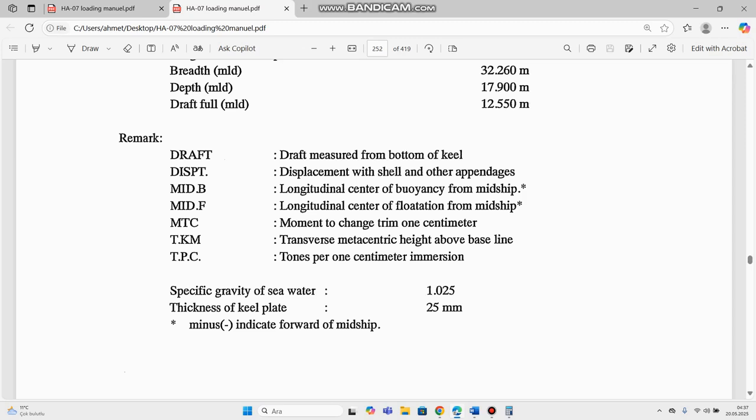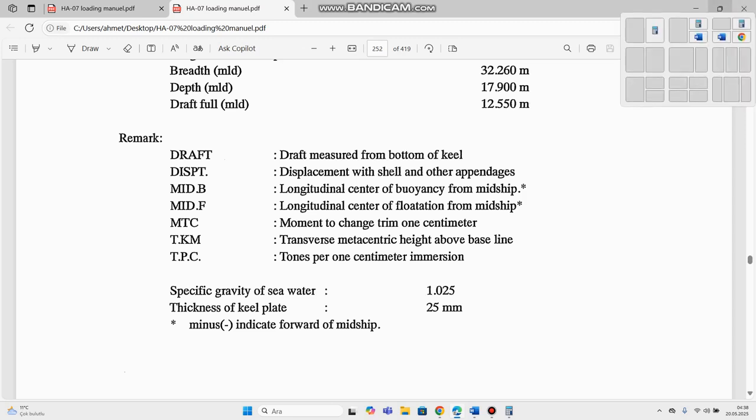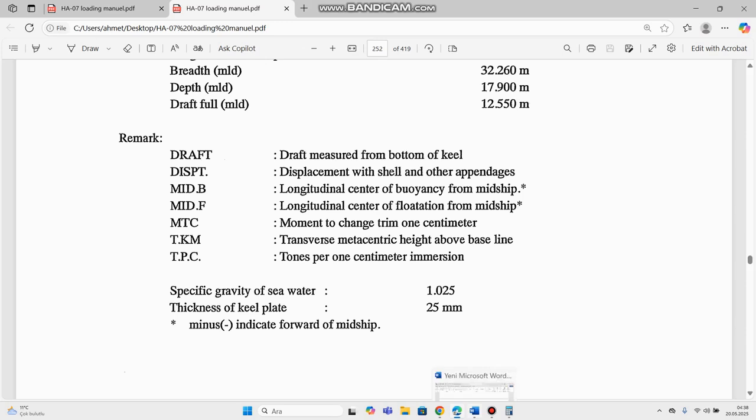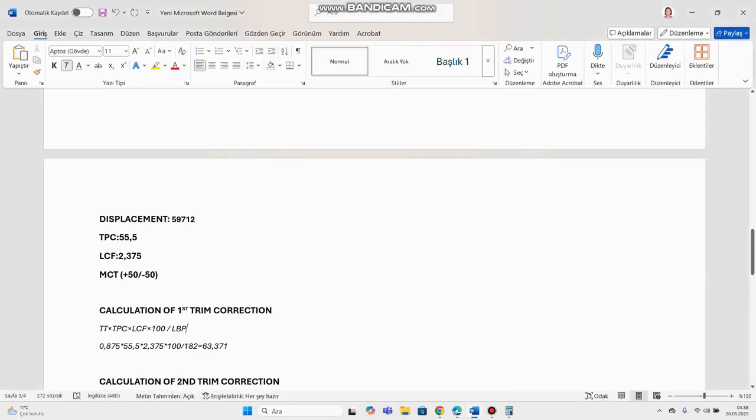It means location of our LCF is aft of midship, and our vessel has trim to aft. It means both of them are at the same side compared to midship, both at the backside of midship. Due to this reason, our first trim correction is positive. I will make it plus.